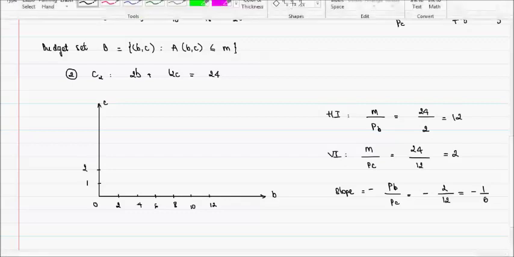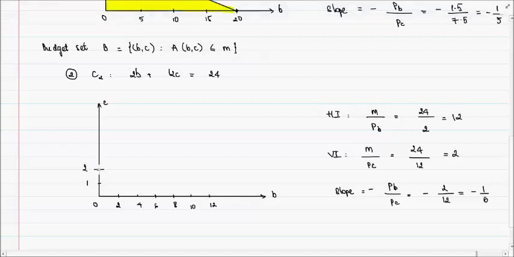If I connect these two points together, the vertical and the horizontal intercept, I got this. This is the vertical intercept and this is the horizontal intercept. This is my C2, and the slope of this is just negative 1/6.